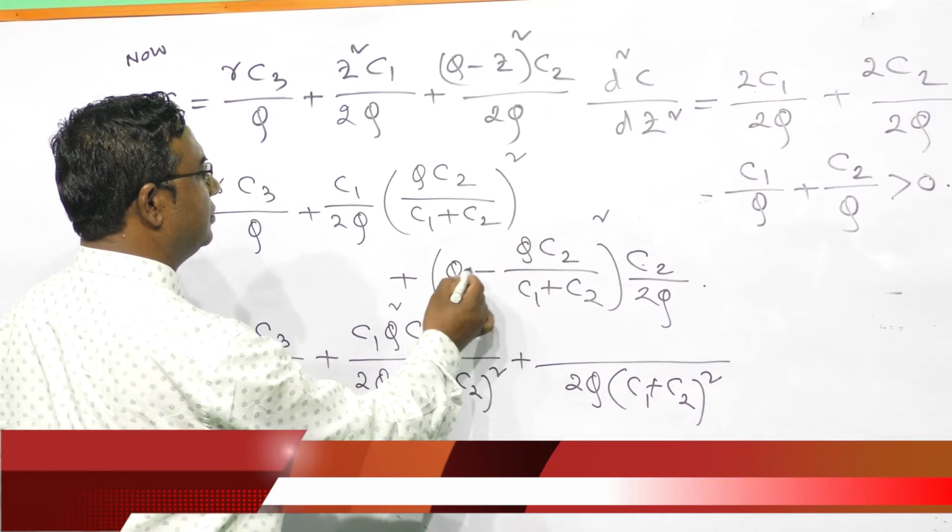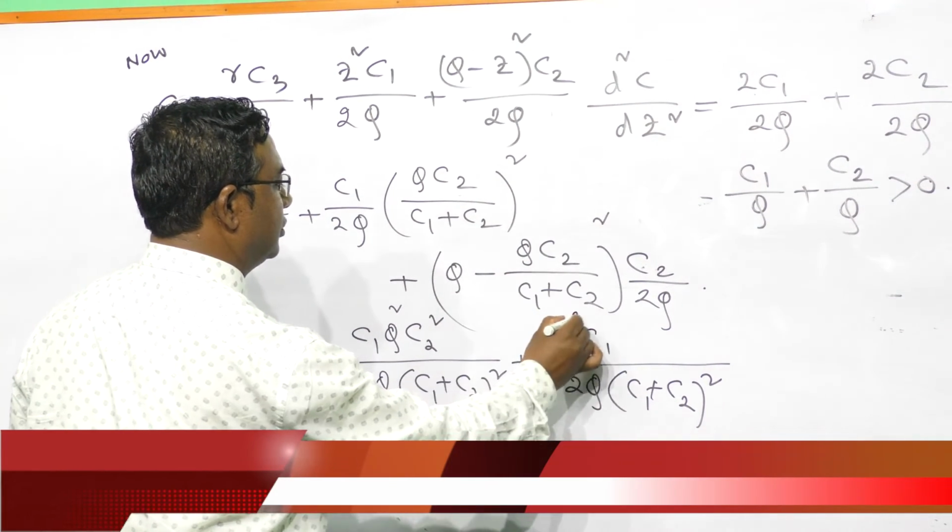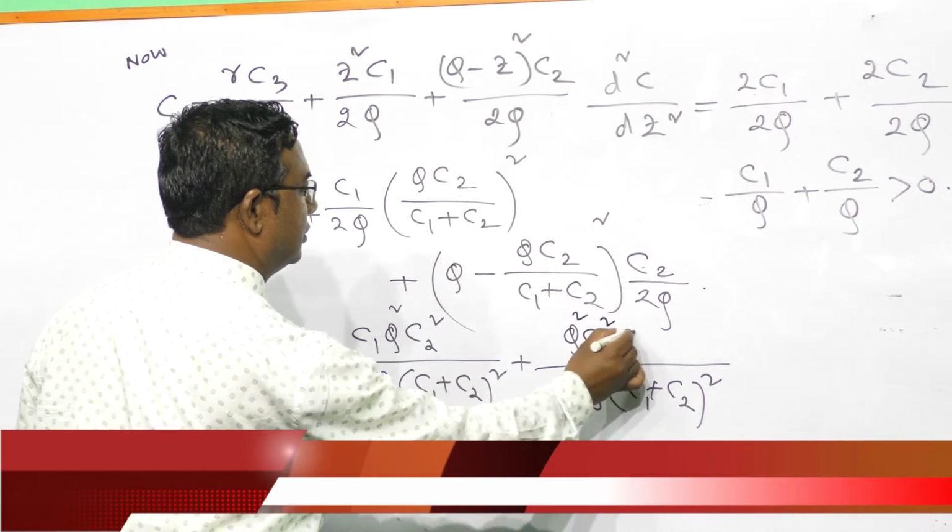QC2 cancel, so this is QC1 square, then C2.